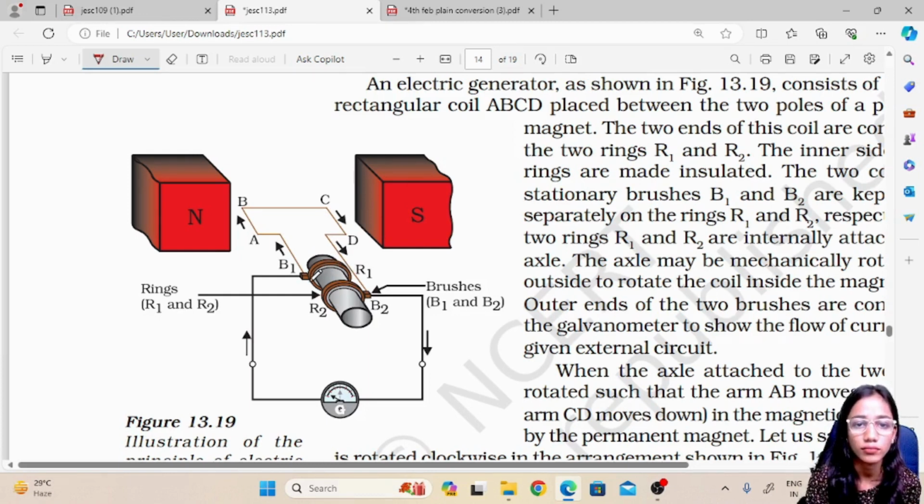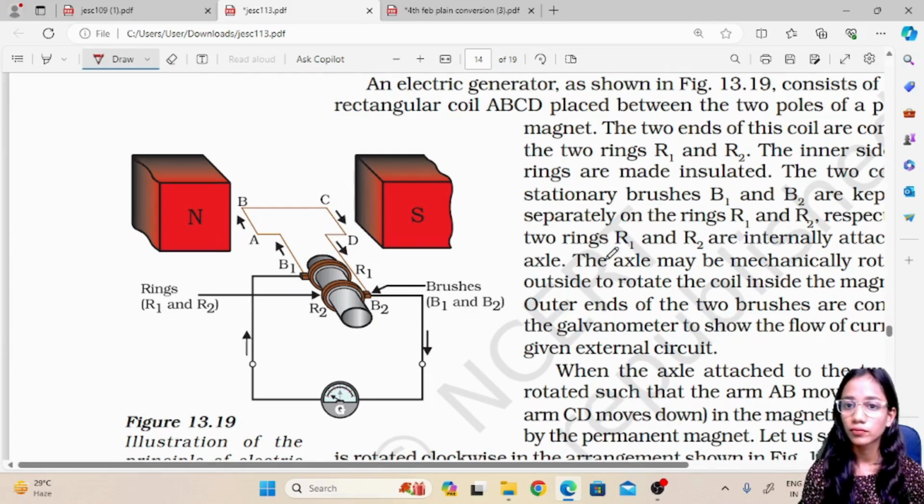Sorry, they are not split rings, they are complete rings, full rings. Arm AB is connected to the full ring, and arm CD is connected to the other ring, that is B2.